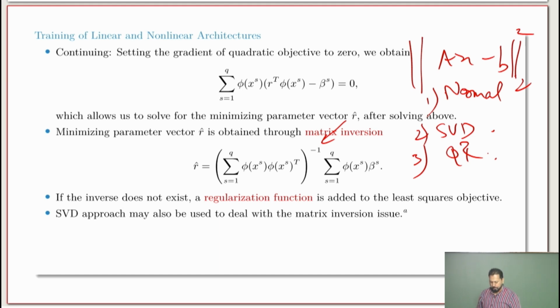SVD is more like you have an approximation of this using SVD. So you do an SVD of this phi matrix. So phi here is an m by p matrix.